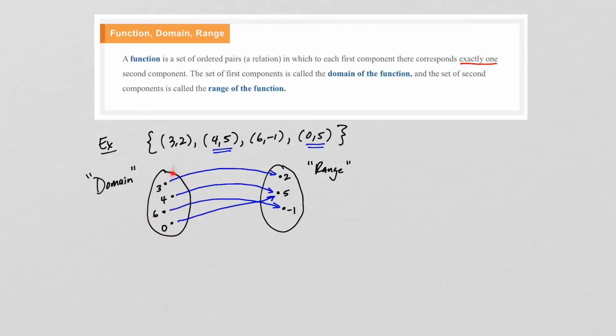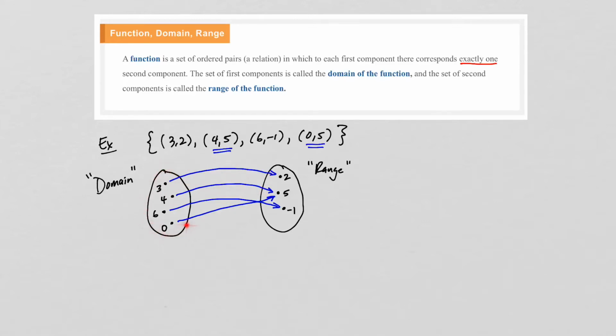Each point over here in the first component has to only go to one point in the second component. So it's okay that 2 different numbers here go to the same number. What you can't have happen is what happened on the previous page, where one value of x was going to 2 different values of y.